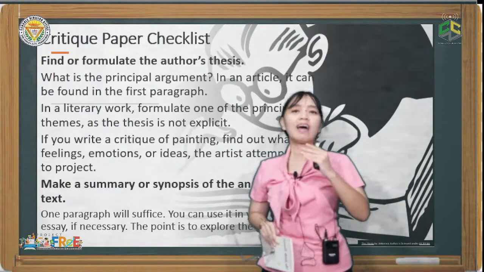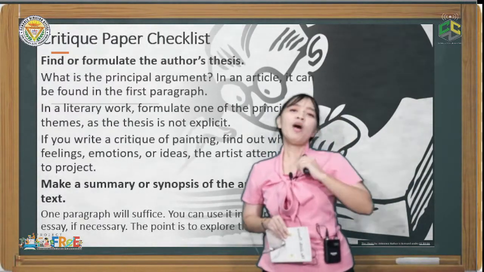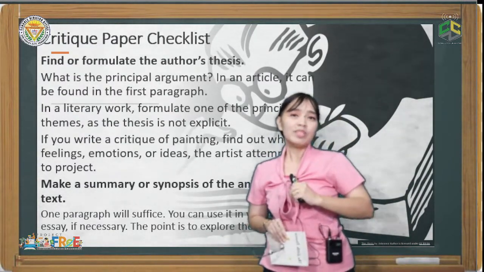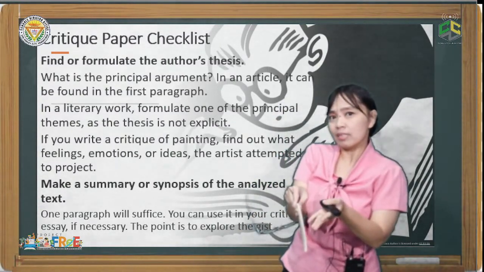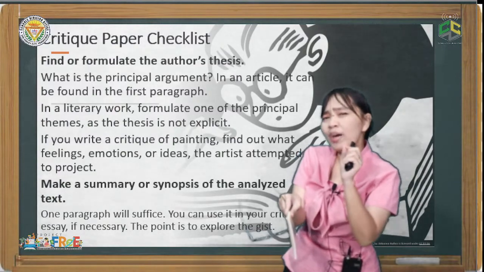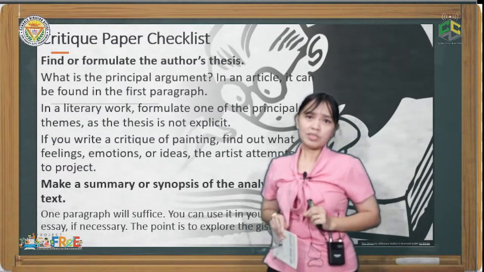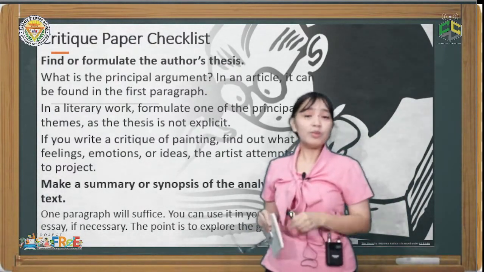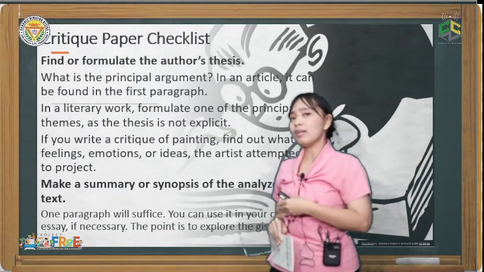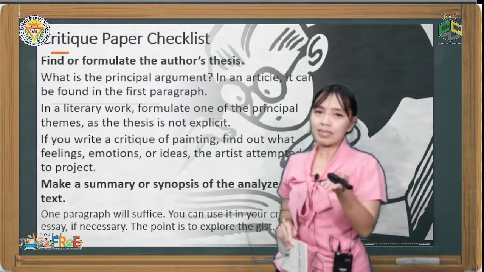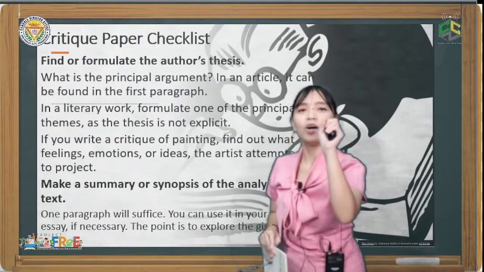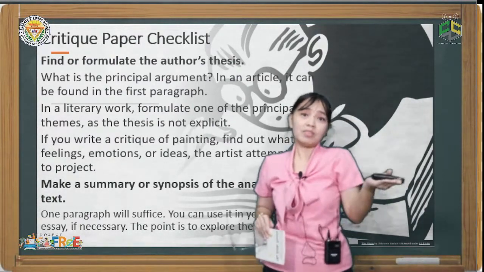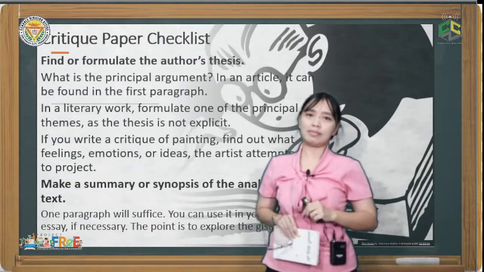So you really have to be keen and sharp on how you are going to identify or know the thesis statement. Okay? Because it's indirectly stated in the book. So you have to be keen in knowing that. Unlike an explicit thesis statement, where you can easily highlight or underline what the thesis statement is all about because it's directly stated.